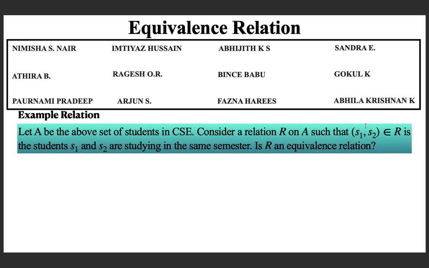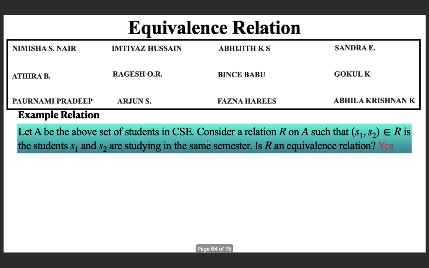Two students S1 and S2 are related if they both are studying in the same semester. Say if they both are in S7, then they are related. If they both are in S5, they are related. Two students are not related if one student is in one class and the other one is in a different class. Okay. The question is, is it an equivalence relation? What do you think?